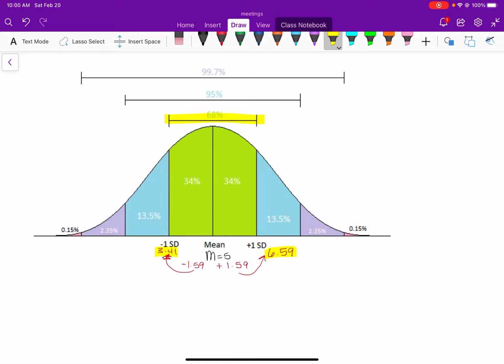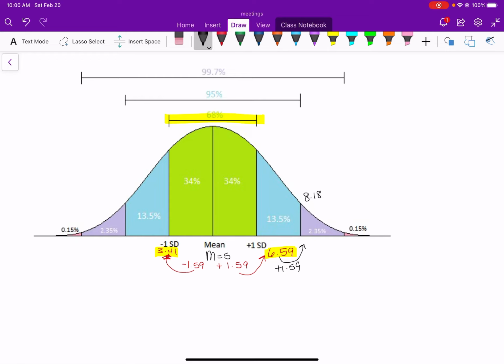Okay, I can do the same thing for two standard deviations. I can start at the 6.59 or I can start back at the 5, whatever you want to do. I'm going to take this 6.59 because I'm going to do a little bit of cheating here. I'm going to add a standard deviation, so I'm going to add 1.59 to that. When we do 6.59 plus 1.59, that's one more standard deviation, we get 8.18.